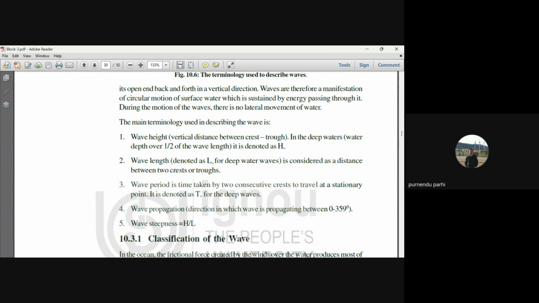Waves are therefore the manifestation of circular motion of surface water, which is sustained by energy passing through it. During the motion of the wave, there is no lateral movement of water. The main terminology used in describing the wave is wave height, wave length, wave period, wave propagation, and wave steepness.